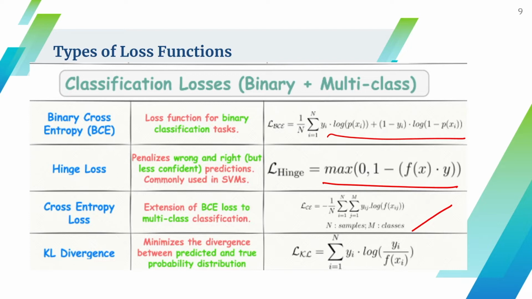Now, moving on to the last type, the KL divergence method. This minimizes the divergence between the predicted and the true probability distribution. And for all these formulas there is no need to learn them by heart, because in our Python libraries we already have them, and we will be using the exact built-in function in our applications. Now, moving on to what each does, we come across various types of loss functions.